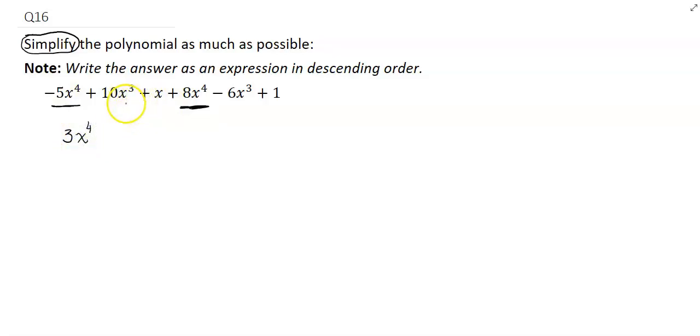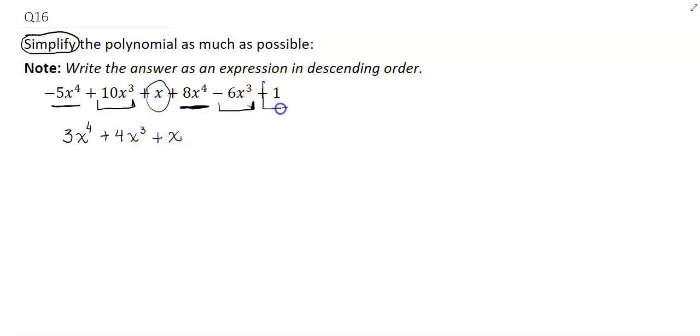The next one is x^3. I have an x^3 here, and I have an x^3 here as well. Keep the coefficients, one is positive, the other is negative. So I subtract the numbers and keep the sign of the bigger number. So the x only happened one time.